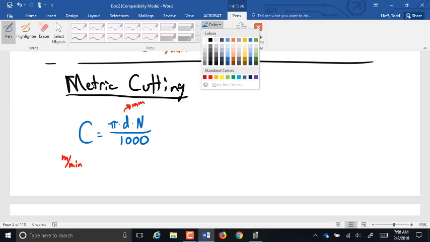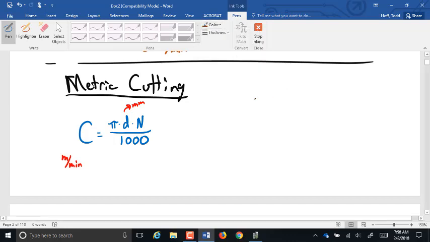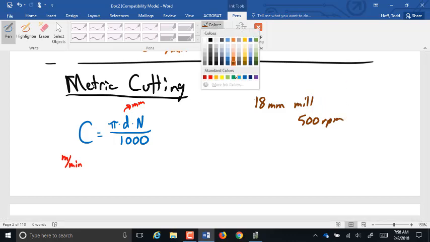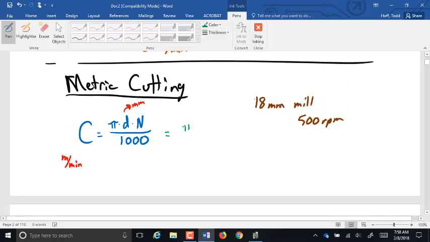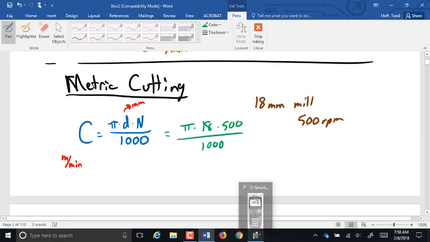So if you have an 18 millimeter tool, mill, and let's say we're spinning at 500 RPM, your cutting speed is going to be pi times 18 times 500 divided by 1,000.